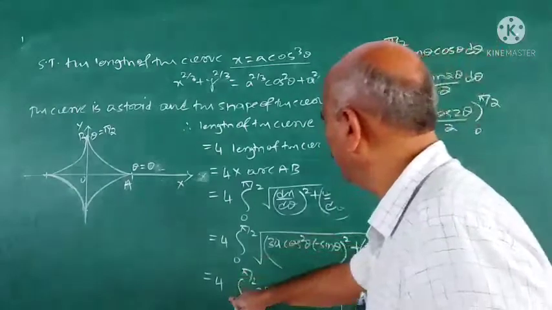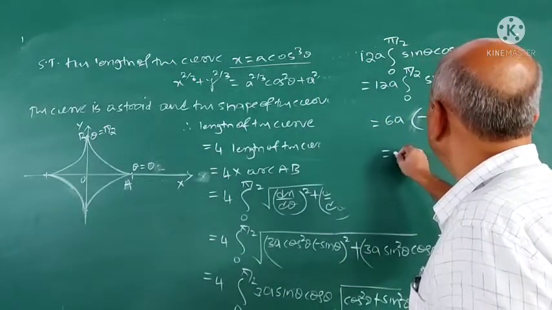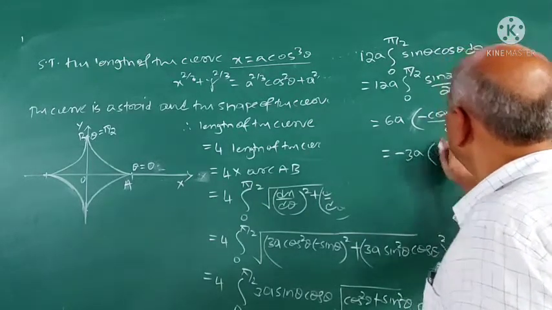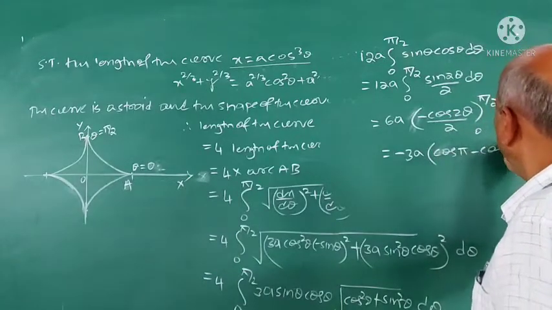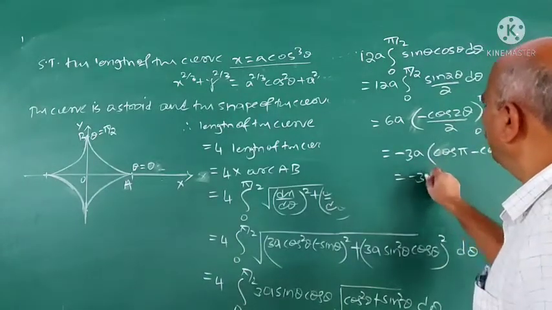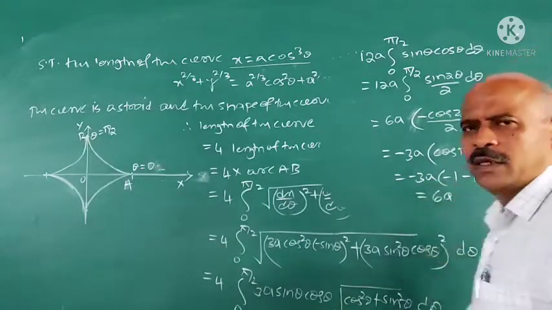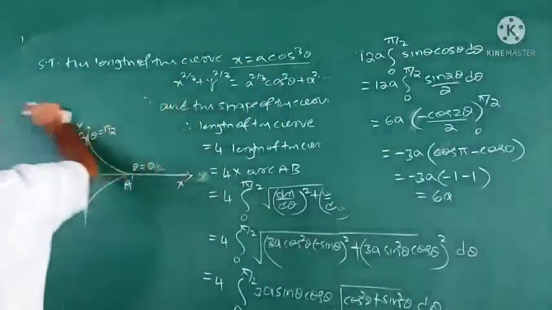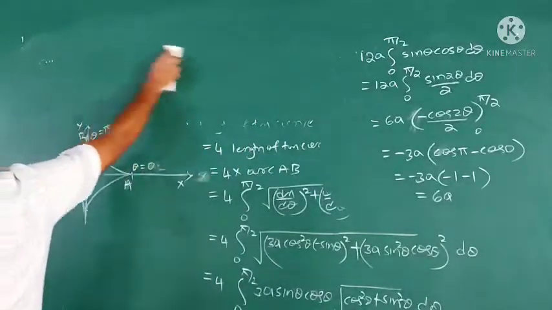Therefore, 4 is multiplied, no? 3a 12. It is minus 3a into cos pi minus cos 0. Minus 3a into minus 1, so 6a. So what is the entire length of the asteroid? The entire length of the asteroid is equal to 6a.